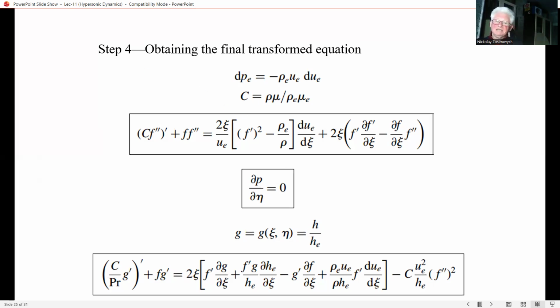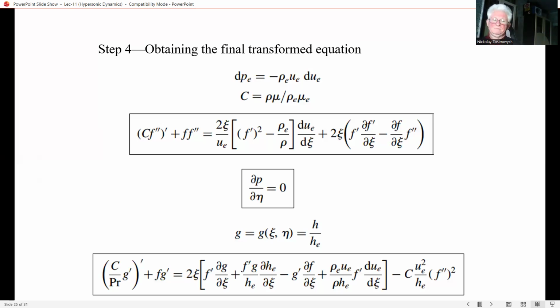And this pressure is impressed without change through the boundary layer in the locally normal direction, which says that pressure should be constant in the normal direction at any zeta location. By the way, this is the usual boundary layer result.